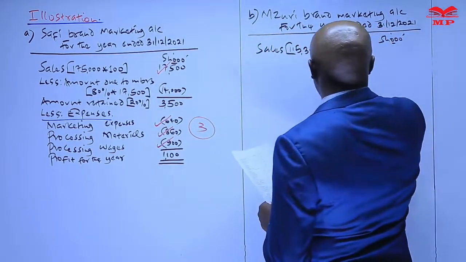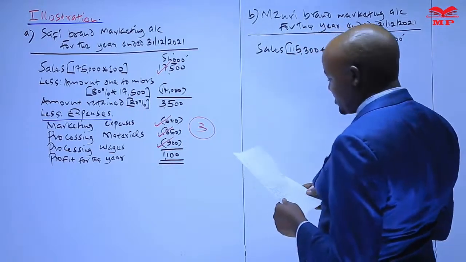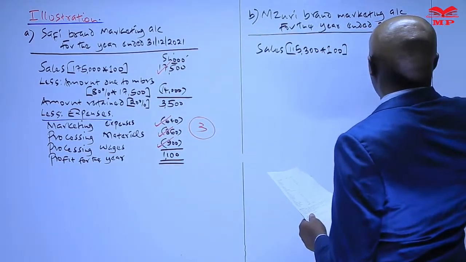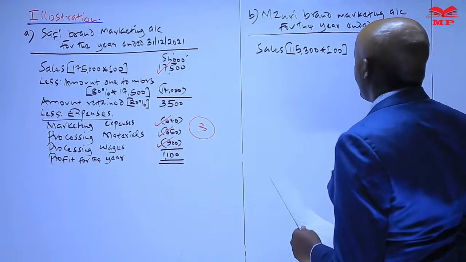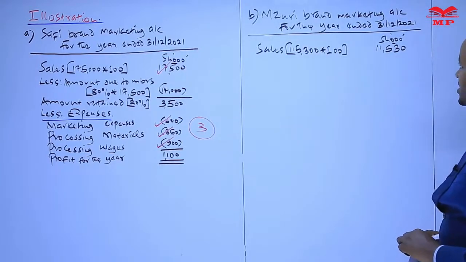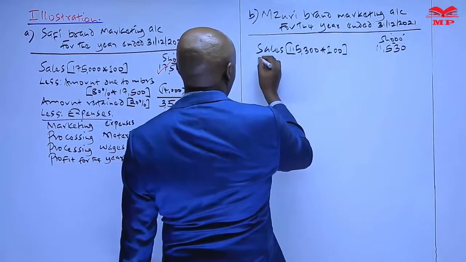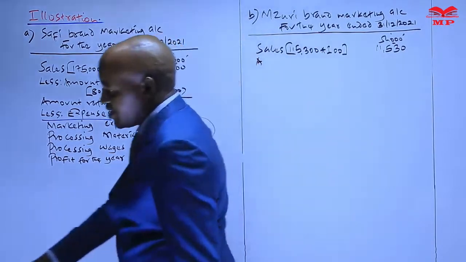We have to translate that to Kenyan shillings using the exchange rate which existed on the date this money was remitted to the bank account of the cooperative society, and this will give us 11,530,000.